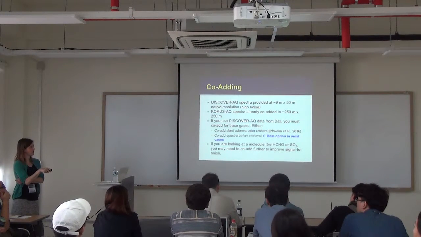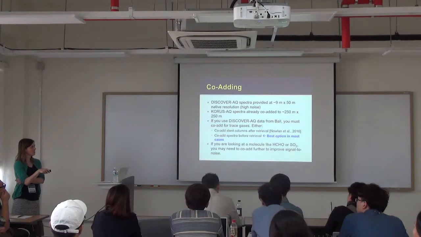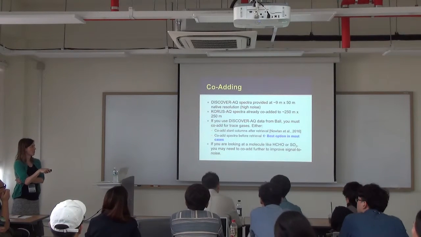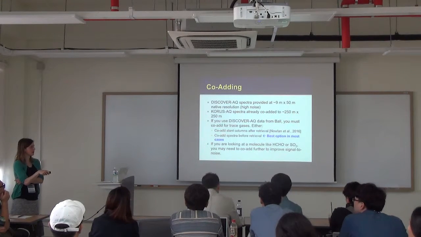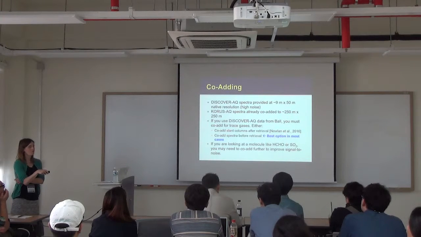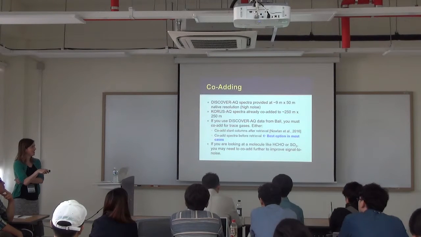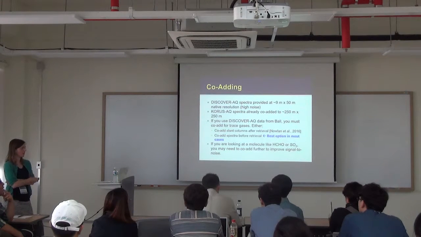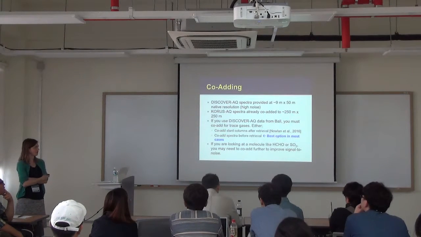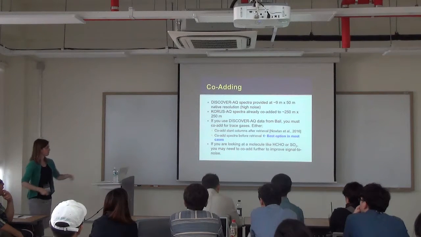And I do this on a cluster. I like this option now. So when I published the data, I originally did it that way. But it takes a really long time. And there's also a few other issues with it that I won't get into, but you're probably better off co-adding the spectrum before the retrieval. That's a much faster analysis and probably better for various reasons.